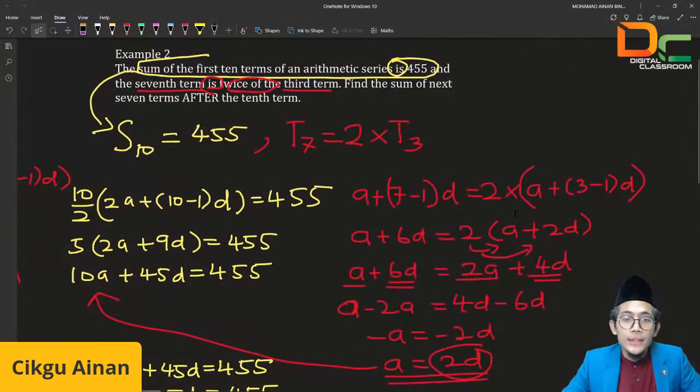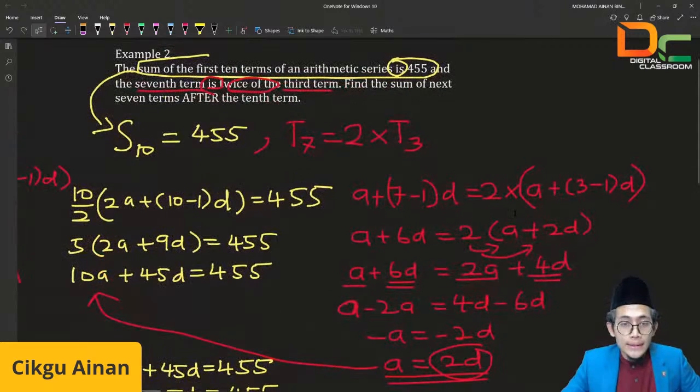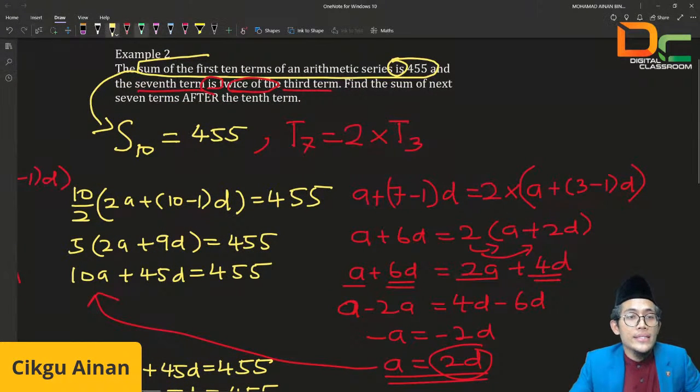Now the question doesn't really ask about the first term and the common difference. The question is asking the sum of the next 7 terms.